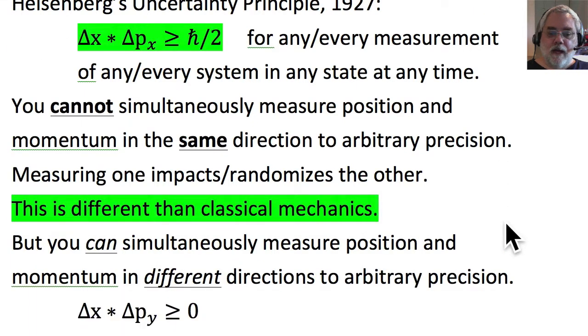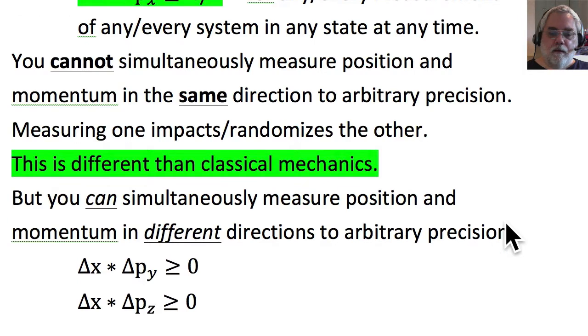Now, it turns out you can simultaneously measure position and momentum to arbitrary precision if they're in different directions. We can simultaneously measure x position and y momentum, and we can measure them both perfectly precisely to the extent that we can do the measurement with a real world measurement setup.